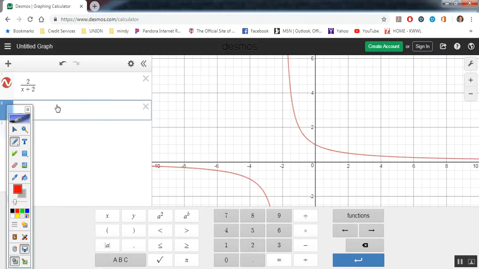What did the other one say? 10 over 3x plus 2.